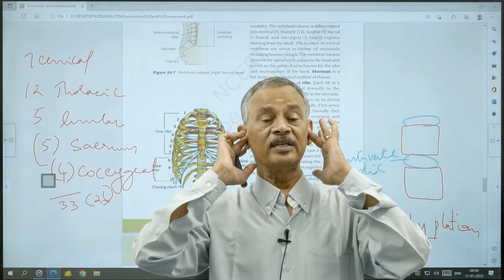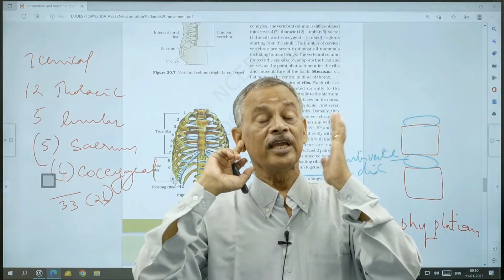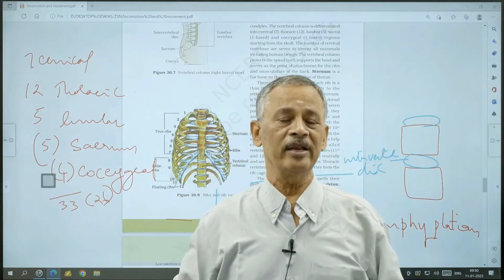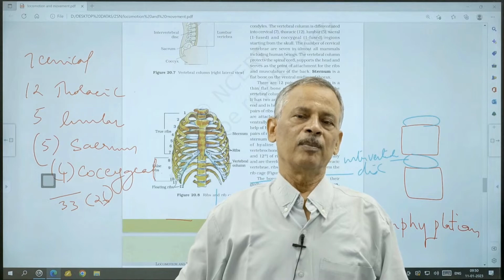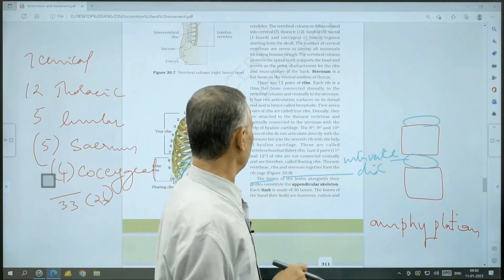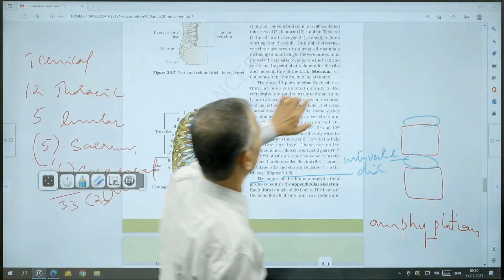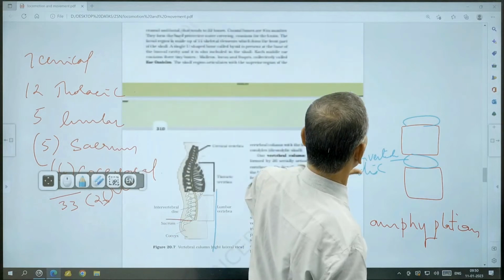And present within the middle ear, we have a chain of 3 bones called ear ossicles: malleus, incus, and stapes. So let us see our calculation. We go to the calculation. Let us see our calculations are correct.